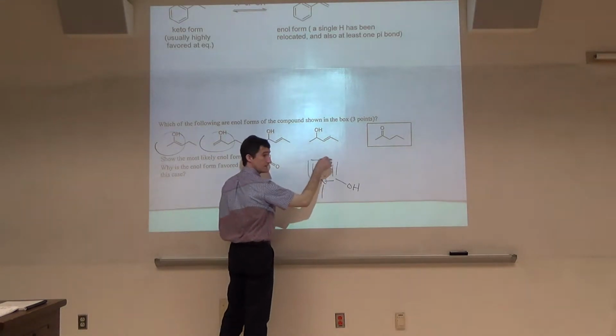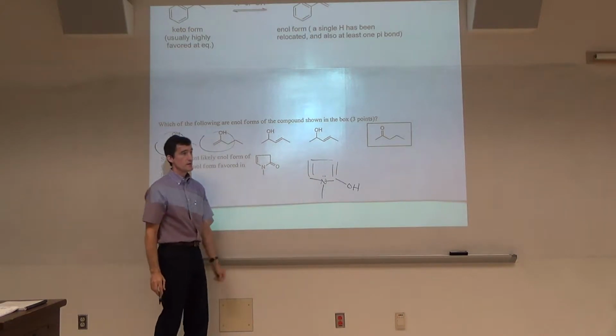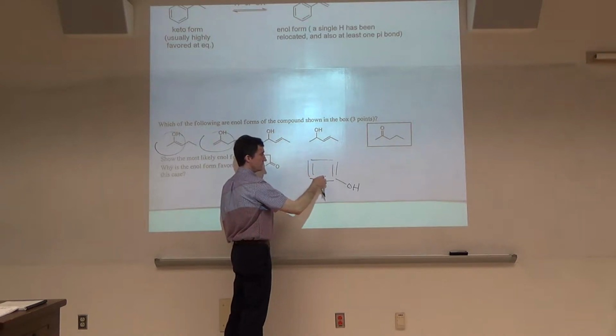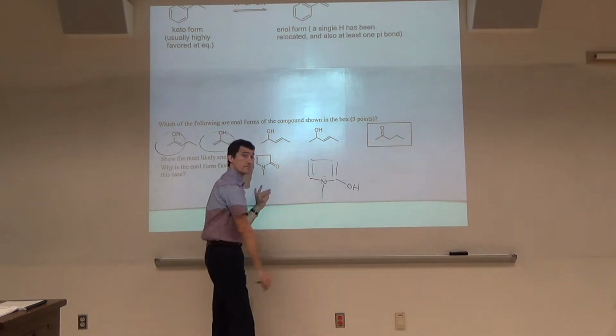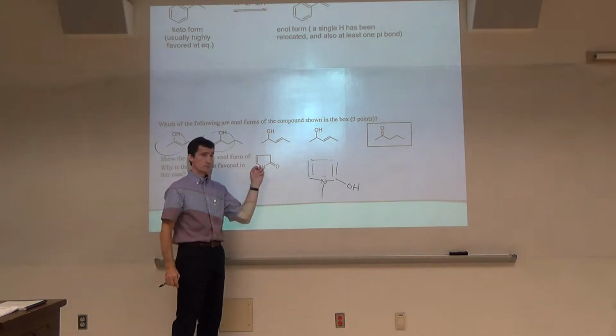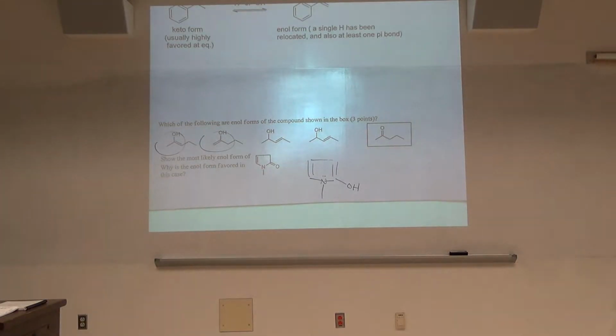Because it's aromatic. It's a nice reason to prefer that structure. Aromatic, that's a phenol ring. As this structure, it's aromatic: 2, 4, 6 pi electrons here. The aromaticity is going to make this structure more stable than this one, where usually the ketone form is more stable. Sometimes there's reasons why enols might be favored. Aromaticity.